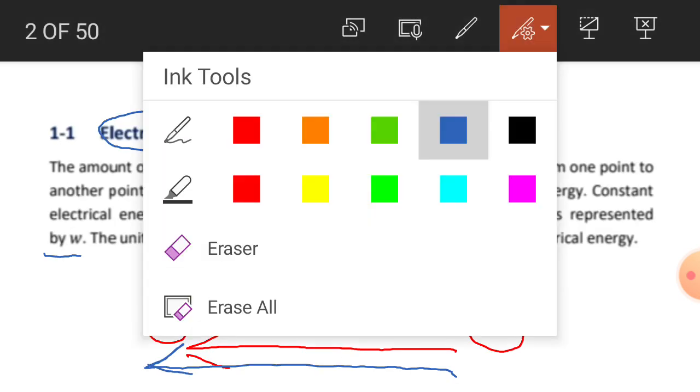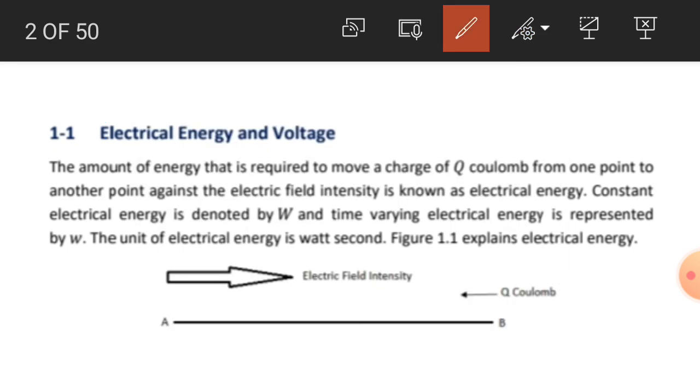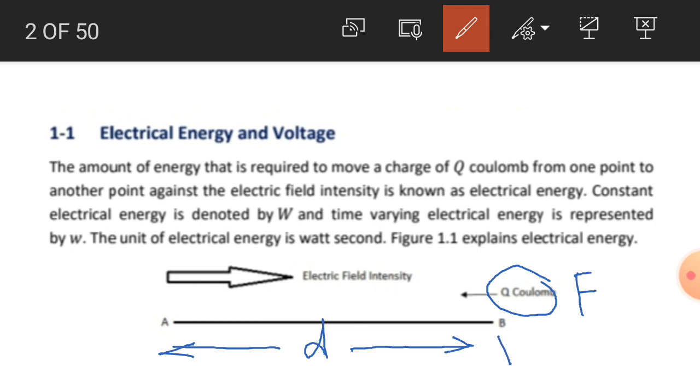Let's say the distance between these 2 points is represented by D. And we apply a force on this charge of q coulomb to move it from the initial position B to the final position A.